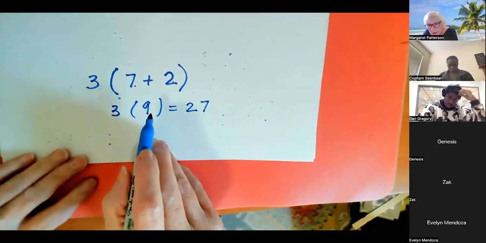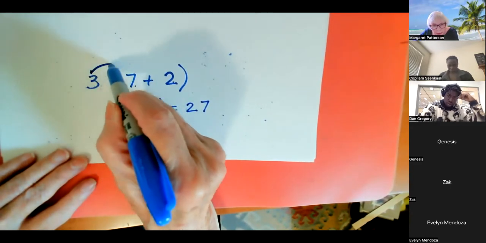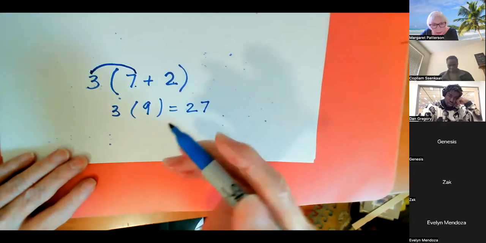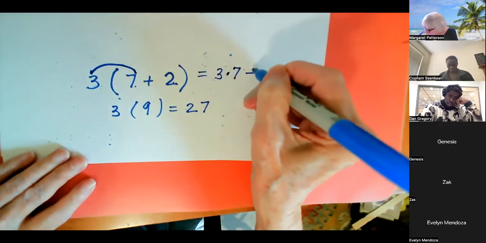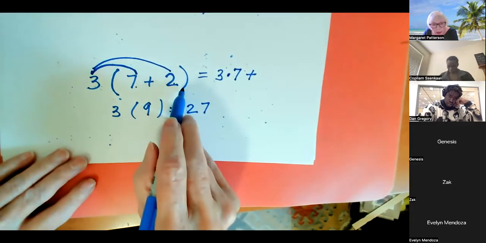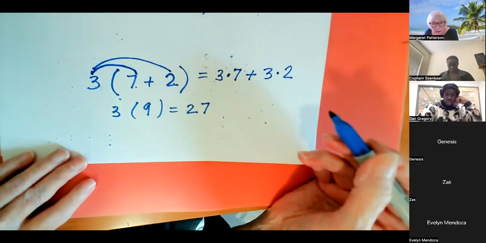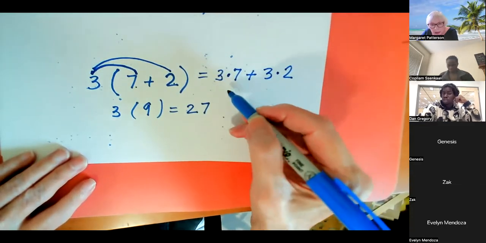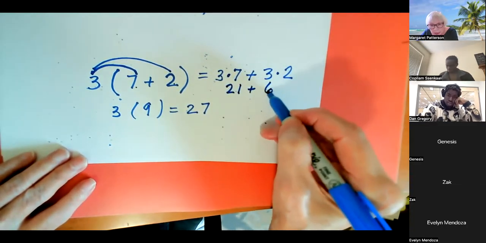But with the distributive property, you are allowed to do this. 3 times 7 plus 3 times 2. Okay, 3 times 7 is 21, and 3 times 2 is 6.